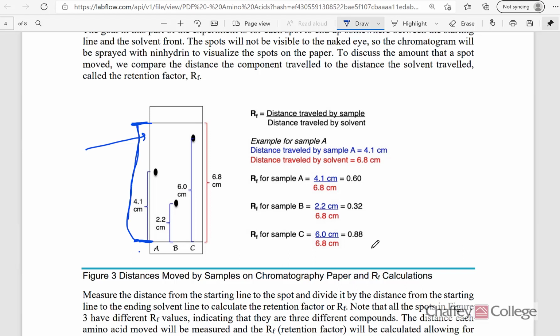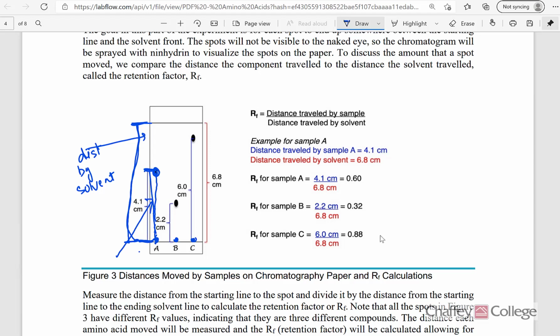So this is the distance traveled by the solvent. As the solvent was moving up, the spots which were initially down here also traveled. For example, spot A traveled from the bottom all the way up here. So this is the distance traveled by sample A, or sample 1.